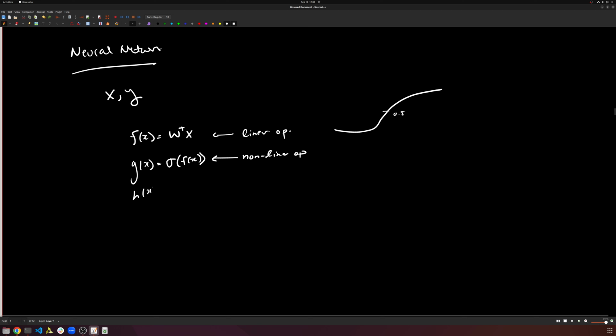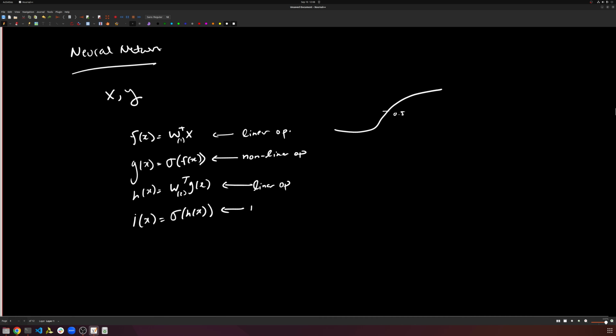So then h of x will be, let's say, w2. So this is w1. Let's put the 1 down below. It'll be another set of weights. w2 transpose g of x. So this is another linear operation. And then we can do, let's see, I of x is equal to the sigmoid of h of x.